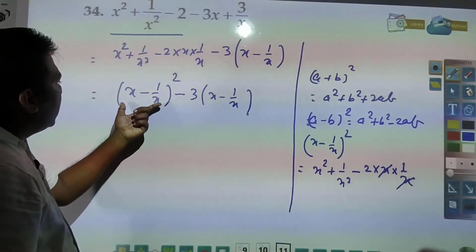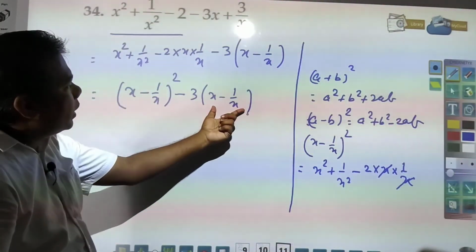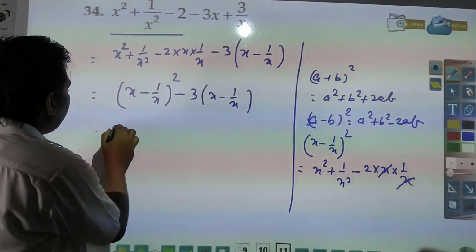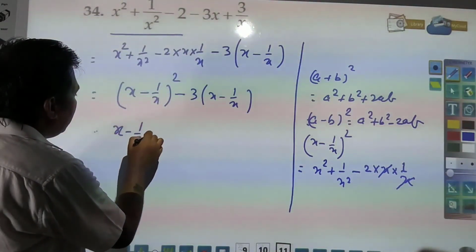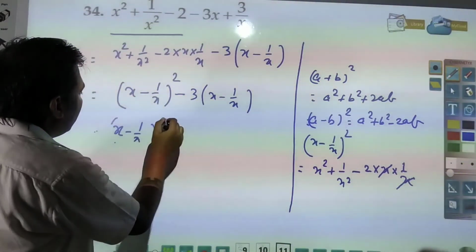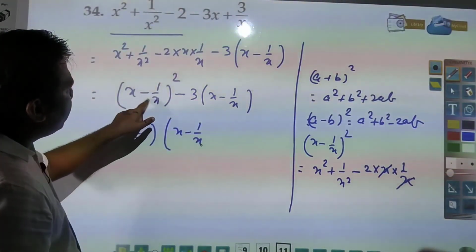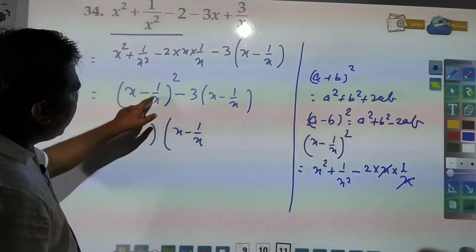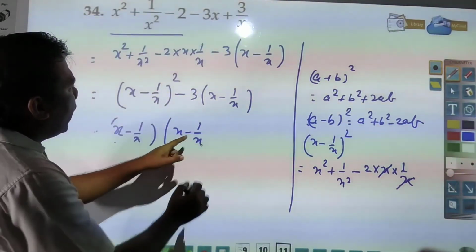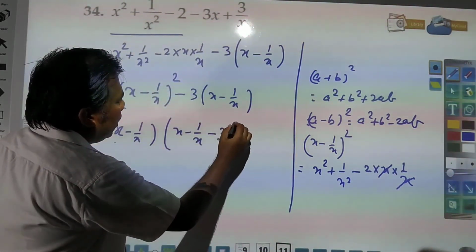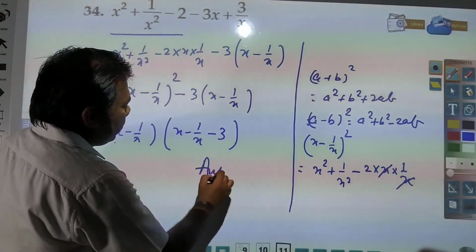Now you see here x minus x you have, here x minus x you have. So x minus x can be taken out common and you will be left with x minus 1 by x, because x minus 1 by x whole square you had, and minus 3. This will be your answer.